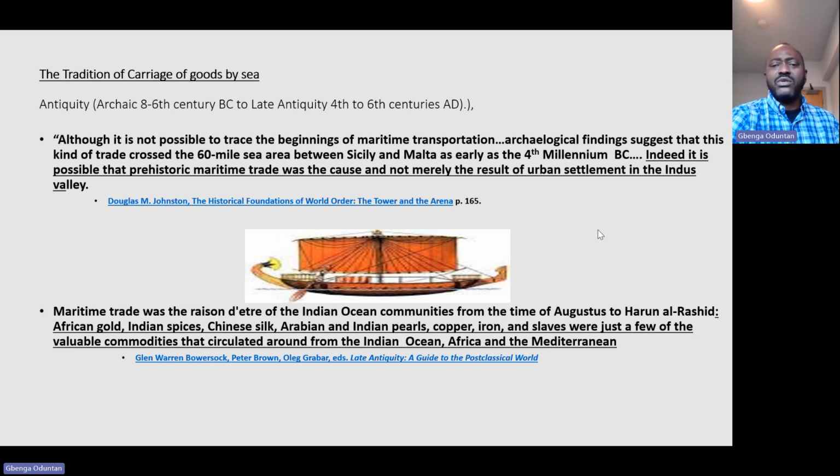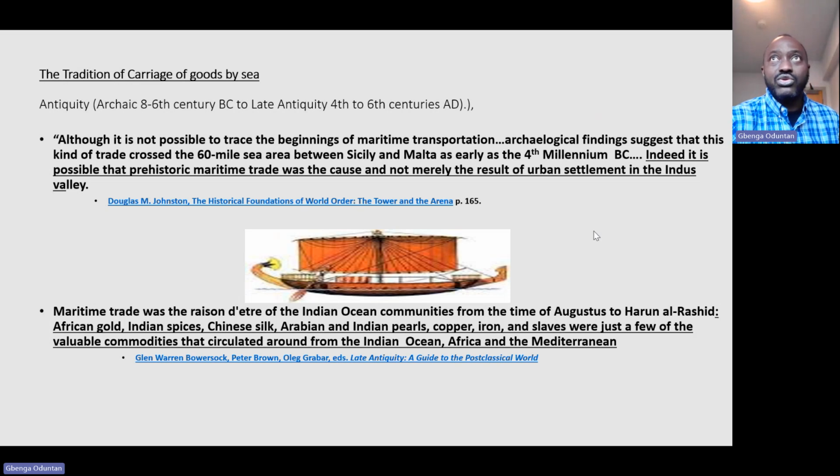And this will take us down into antiquity. It will take us down, perhaps, to the beginnings of international trade between peoples, even before the existence of civilized states as we know them today.